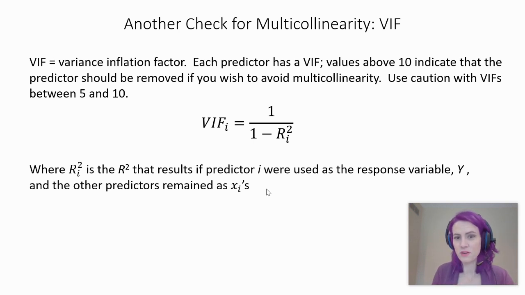What would be the R squared? That number would go here, and that would tell you the VIF for the weight. And then JMP is going to do this again for acceleration. It's going to say, well, what if acceleration was y and weight and quarter mile were the x's? All right, so you won't have to calculate this by hand, but I'm just letting you know a little bit of what's going on behind the scenes.